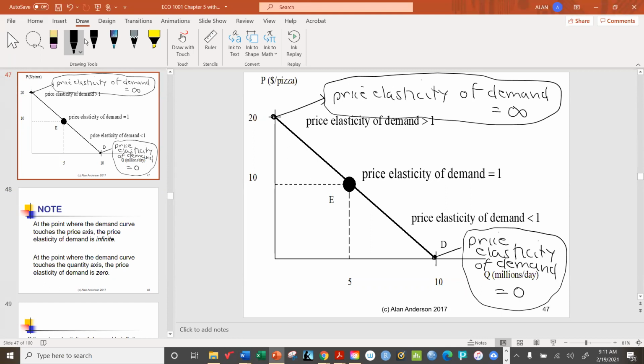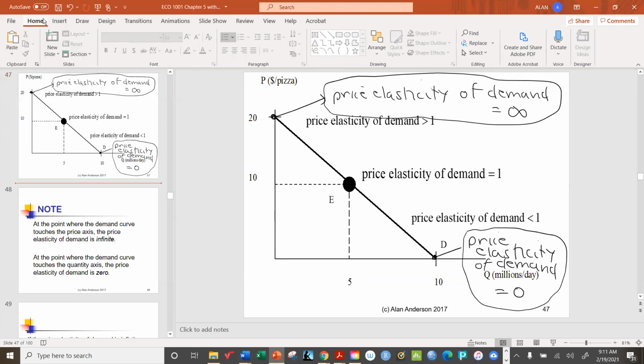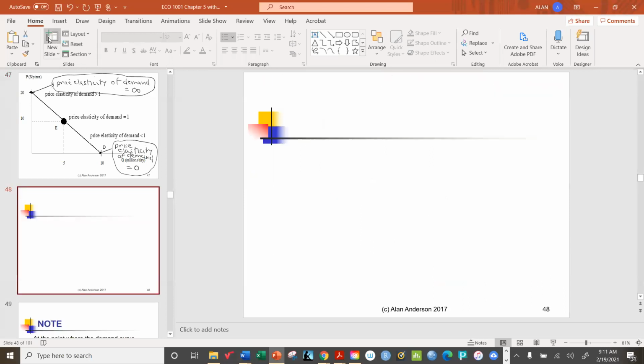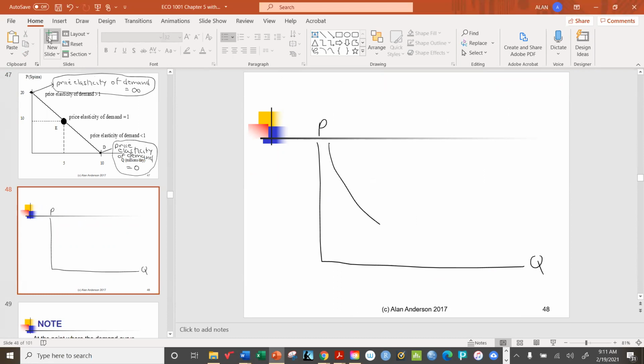One other thing I want to point out, which is kind of an interesting, quirky little result, is that when we have a product where the price elasticity of demand is exactly 1, there's a special case we want to consider. If the demand curve isn't a straight line and it has this shape, this curve has a formal name. You may remember this from high school geometry. It's called a hyperbola.